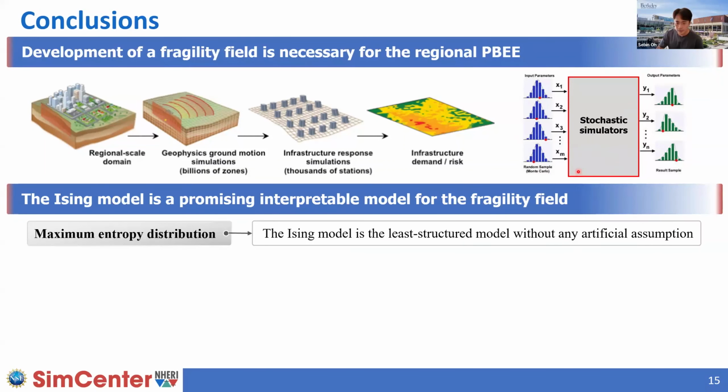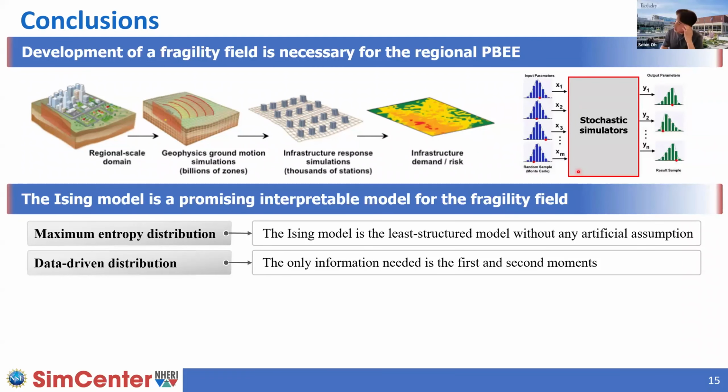But first, this model is a maximum entropy distribution, which means that it is the least structured model without any artificial assumption while accurately reproducing the given information. Second, the Ising model is constructed purely on data. It doesn't matter where and how the information comes from, as long as you can get the first and second order moments.